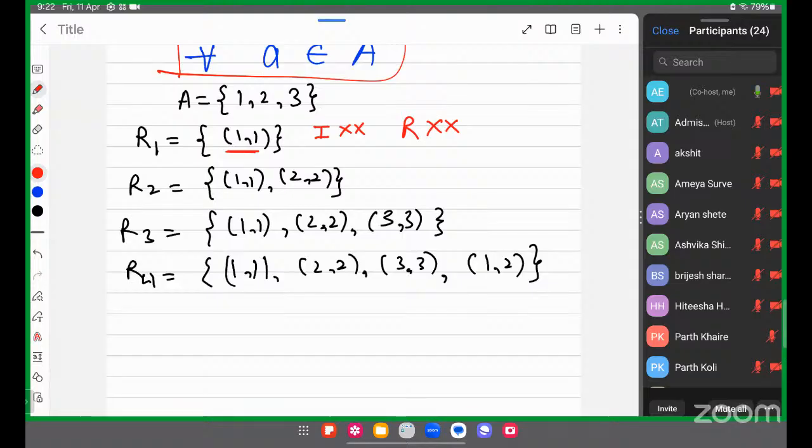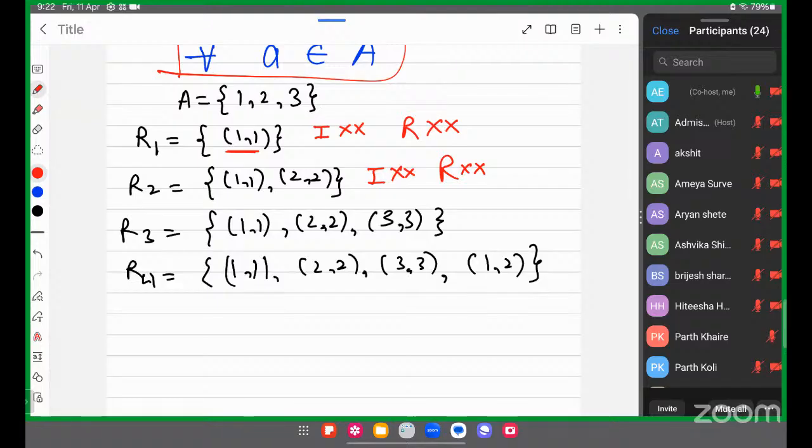Now look at relation R2. We have (1,1), (2,2), but there is no element like (3,3). So is it identity relation? No. Is it reflexive? Again, no, it is not reflexive because element 3 is not related with itself.